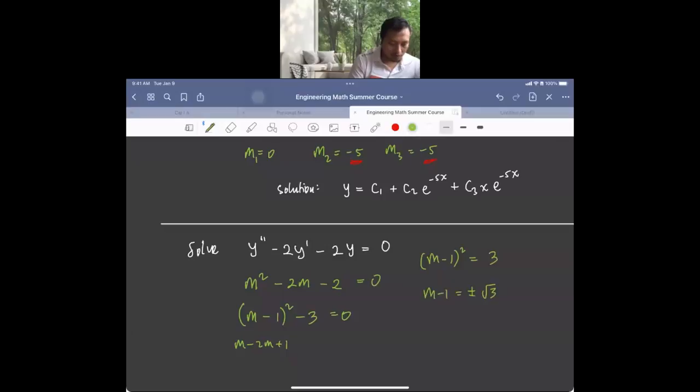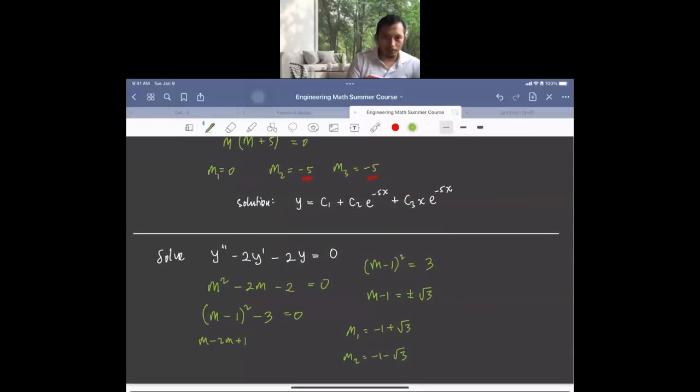So m minus 1 squared is 2. So m minus 1 is plus minus square root of 2. So m1 is 1 plus square root of 2, m2 is 1 minus square root of 2.